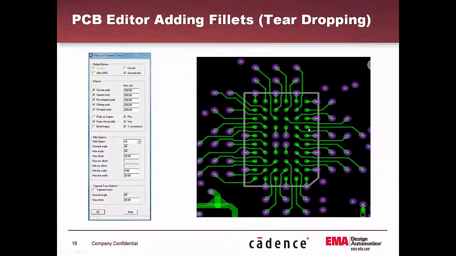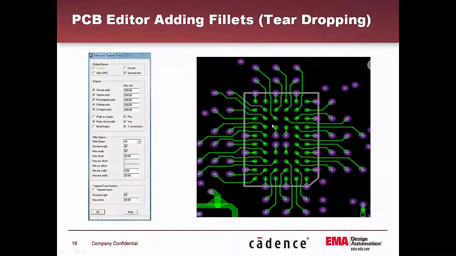Well, what happens is when you get into these type of fine line designs, whenever you have a very fine line coming into the pad, we have a very sharp entry point which comes into that very small pad. And this can potentially create a reliability issue, because if the board is subject to any kind of vibration or depending on the environment that it's in, you can actually have what they call a fracture point occur where this trace enters the pad.